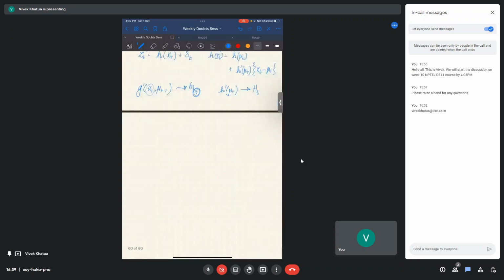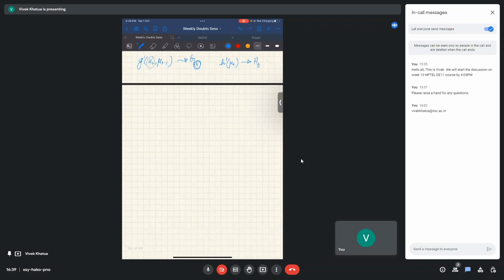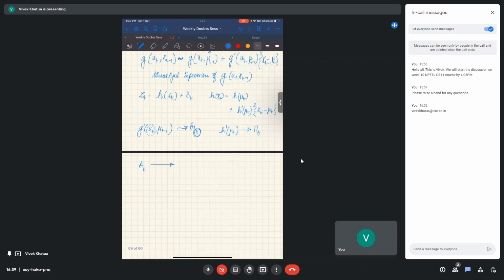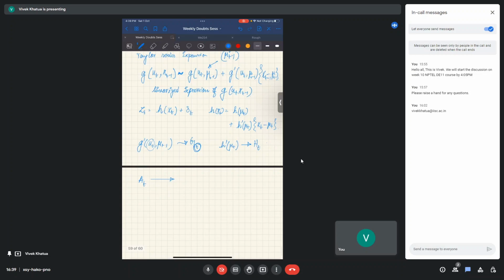Now, in the extended Kalman filter, wherever A_t is there, that will be replaced by the linearized quantity, that is nothing but G_t. The expression form is the same.